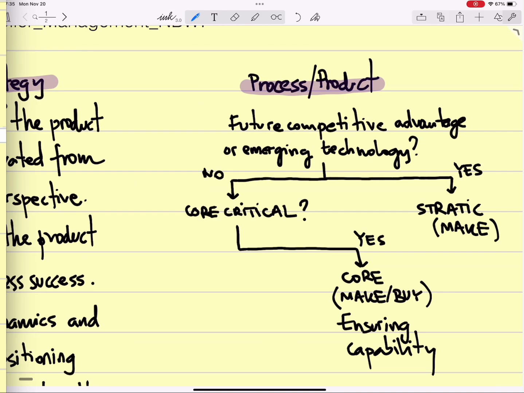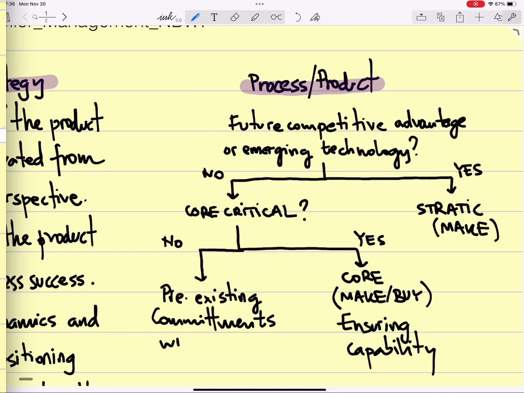So if the answer is no, then we ask another question. Do we have pre-existing commitments with suppliers?